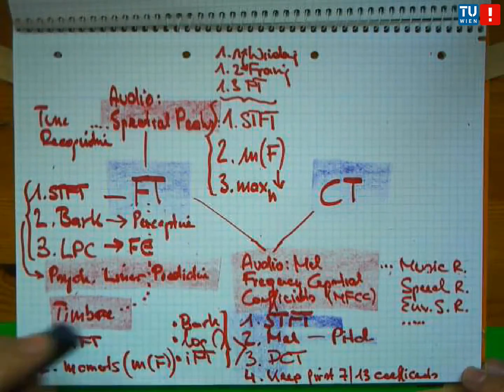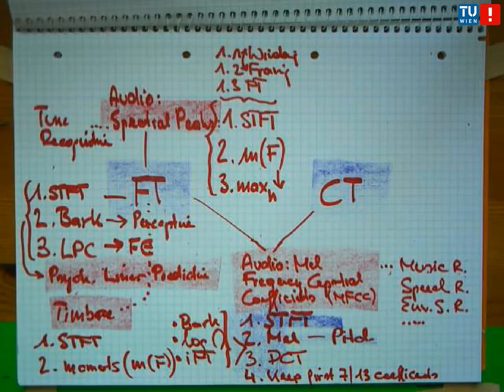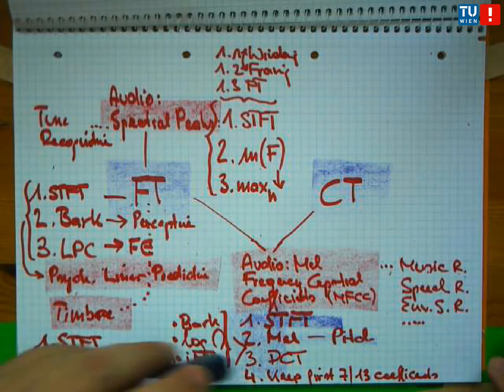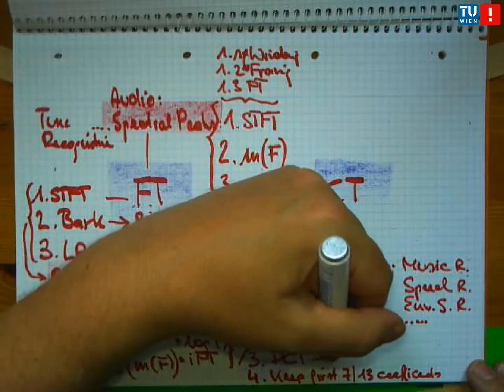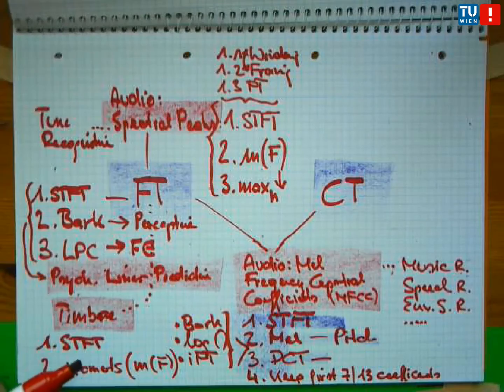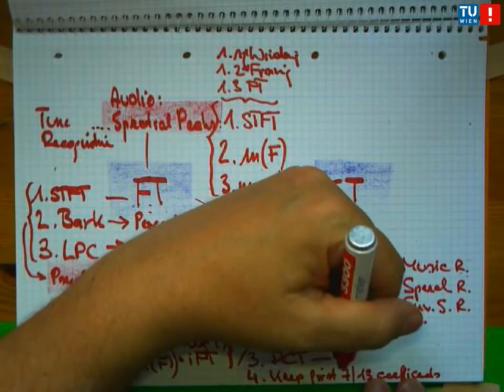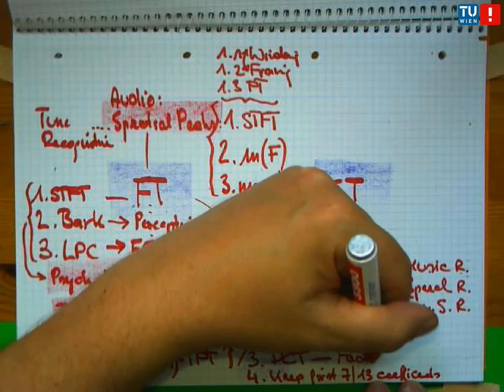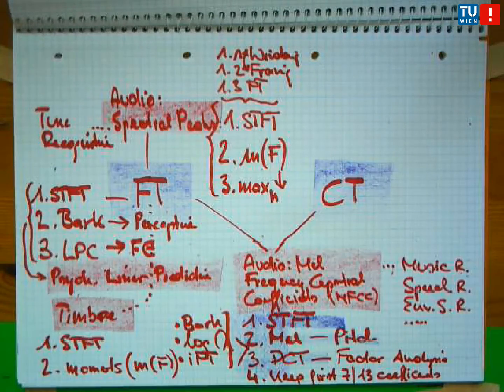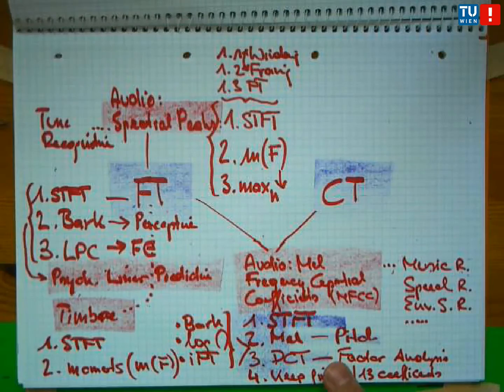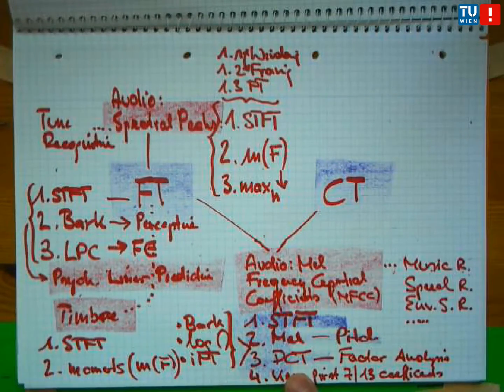Mel transforms these frequencies into perceived pitch. The DCT acts here completely and exclusively as a factor analysis that shifts from the entire spectrum into the first coefficients.